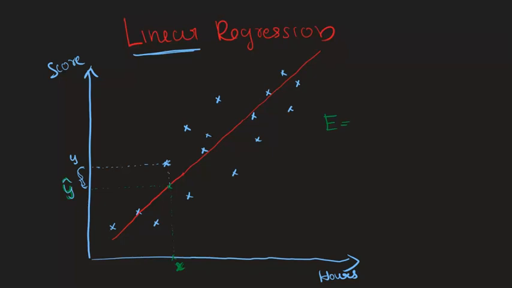A line can be drawn like this, or even this. But we want to find the line that has the least error. That is what we are going to try to do here.